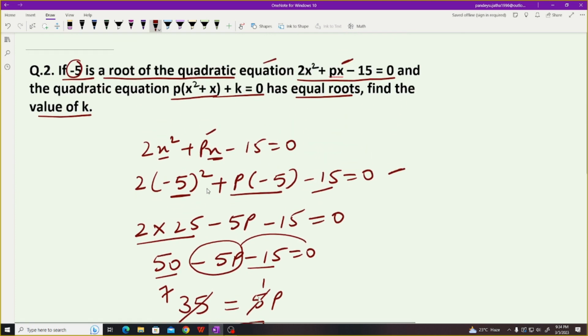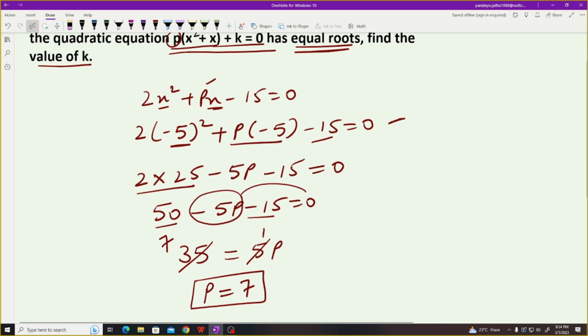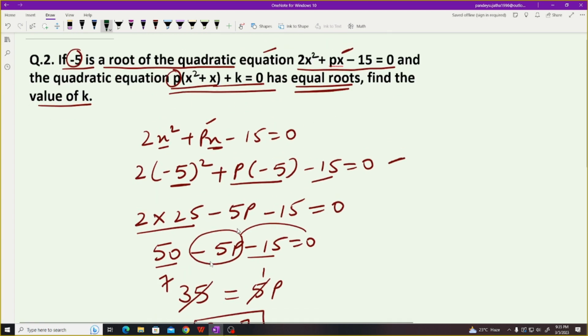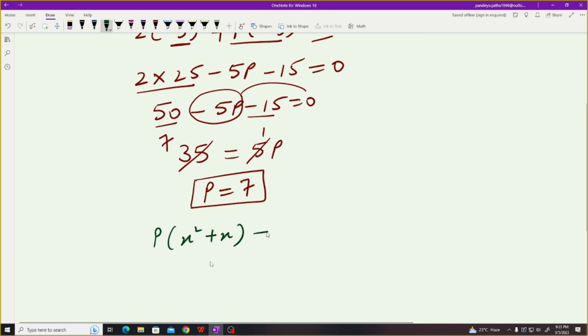Which we will replace in the other equation. If you observe here, this quadratic equation has equal roots. So in place of p, we'll replace 7. So note down the equation: px square plus x plus k is equal to 0.